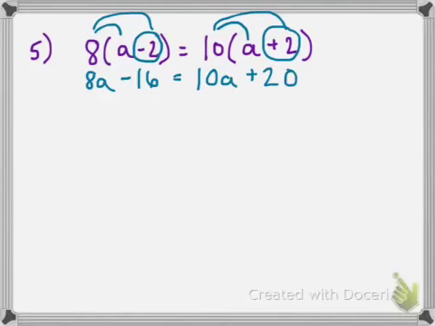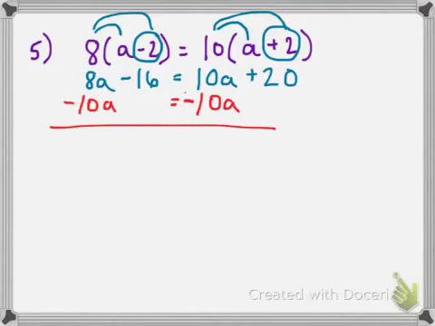After I distribute, I know I have to combine like terms if necessary. Nothing to combine on the left side because they're unlike terms. Nothing to combine on the right side because they're unlike terms. So now I have to get my variable terms on one side, so get it on the left side. So I get rid of this 10a by subtracting 10a from both sides. On my left side, I know that 8 minus 10, I keep, change subtraction to addition, change the second number to its opposite, and then I subtract. 10 minus 8 I know is 2.